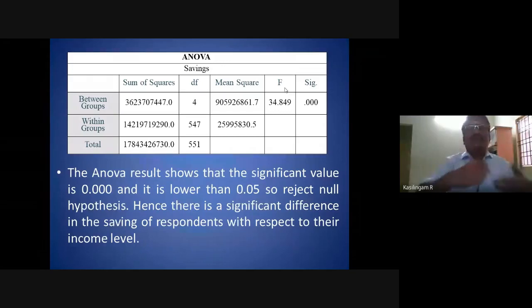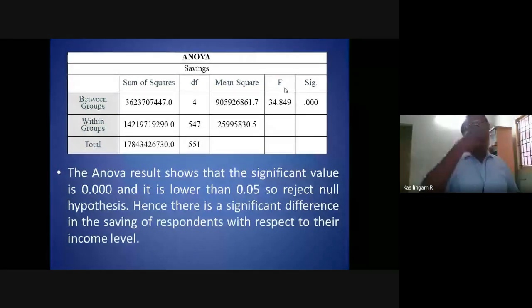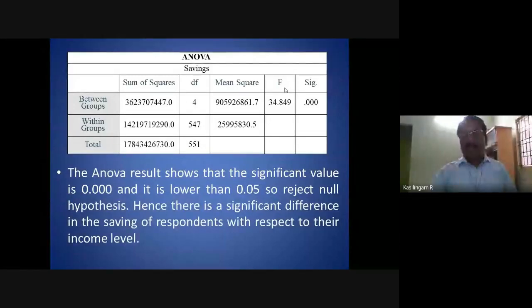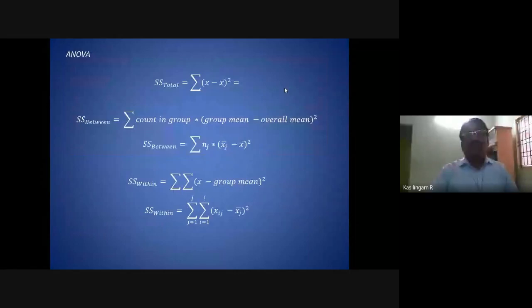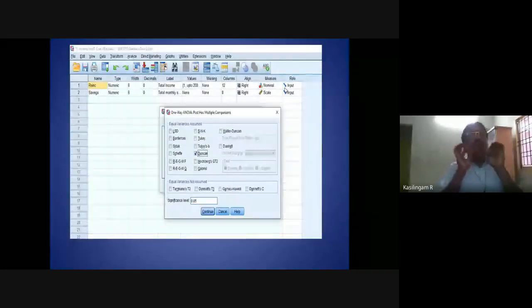For example, for 3 sections, the mean marks of section A, section B, and section C are different. The means are different. So now we are going to say which is more and which is less by looking at the means. Okay. Now I am going to use the post hoc test.